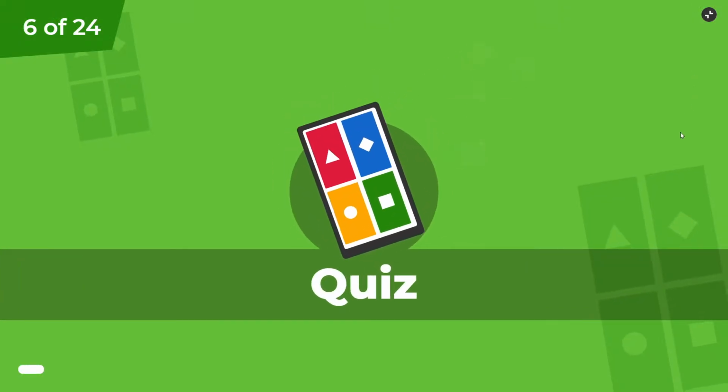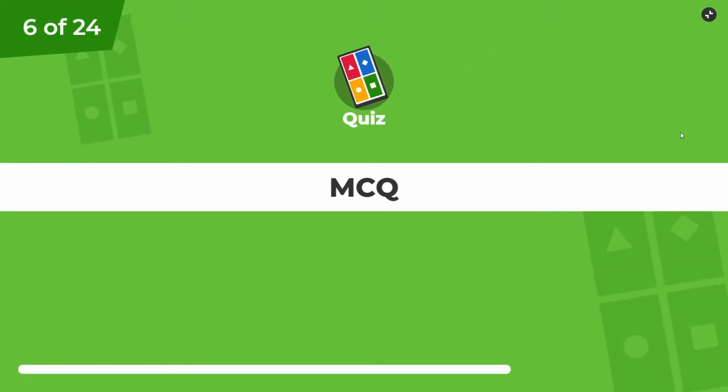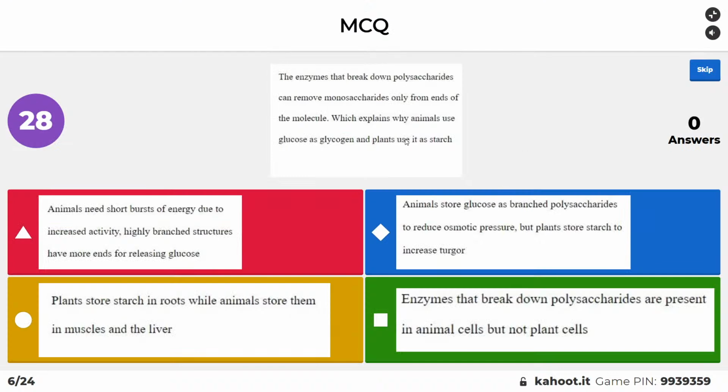Next question. The enzymes that break down polysaccharides can remove monosaccharides only from ends of the molecule, which explains why animals use glucose as glycogen and plants use it as starch. This is an interesting, tricky question.